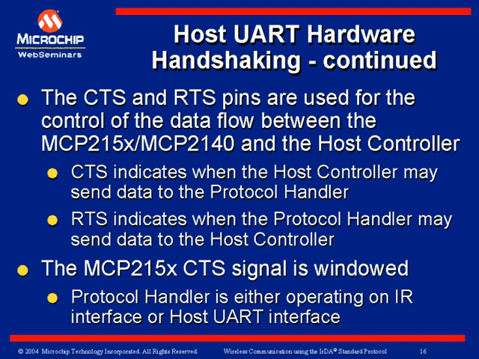Now, the 21.5x devices basically window their time. And they window it between either focusing on the host UART side of the interface or on the IR side of the interface. The CTS signal can only be valid during the window where the protocol handler is operating on the host UART.